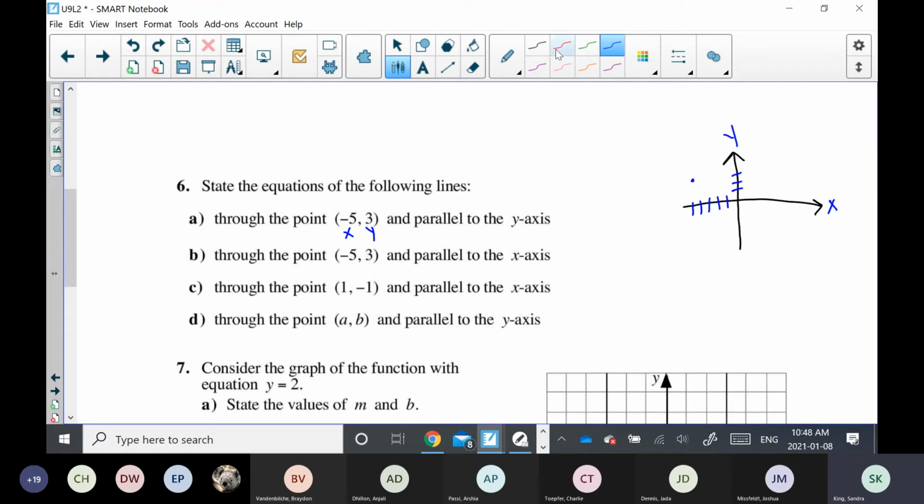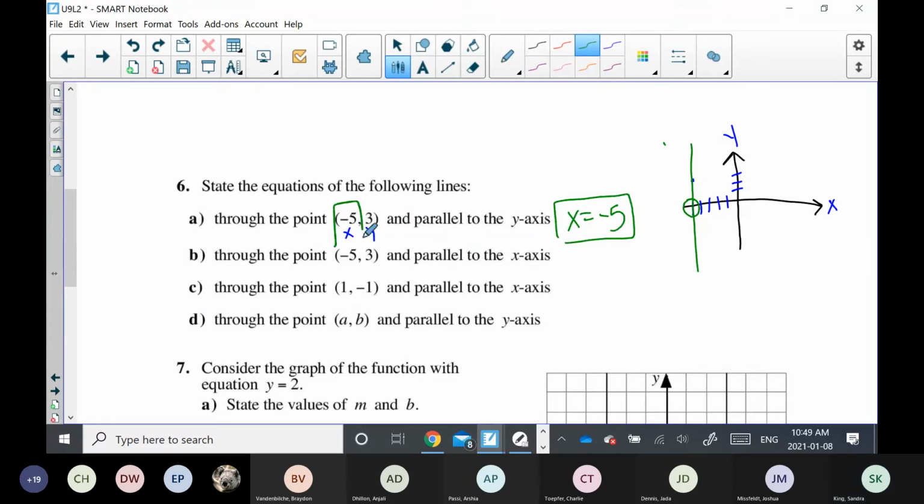Parallel to the y-axis. So this is the y-axis, therefore that would be parallel. You are cutting through your x at -5. So the equation of this green line would be x is equal to -5.